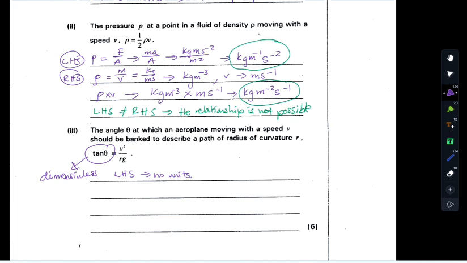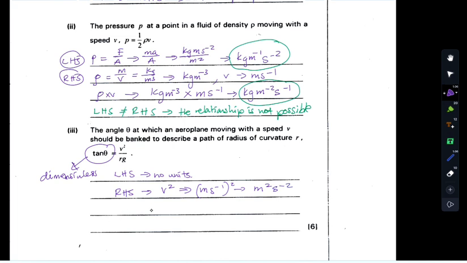Now let's look at the right hand side. We have three quantities. There is v squared. V is meters per second, so this will be meters per second squared, which simplifies to meter squared per second squared.